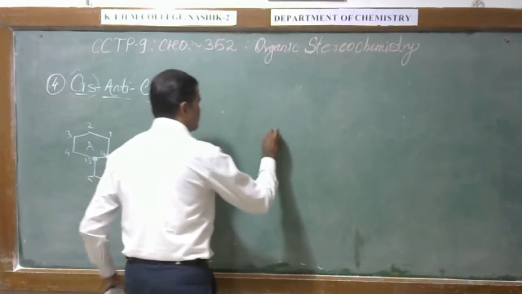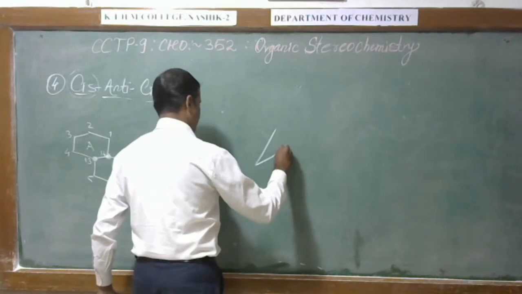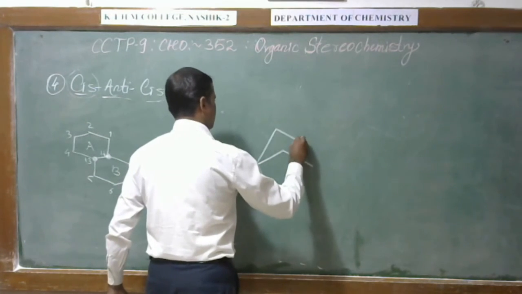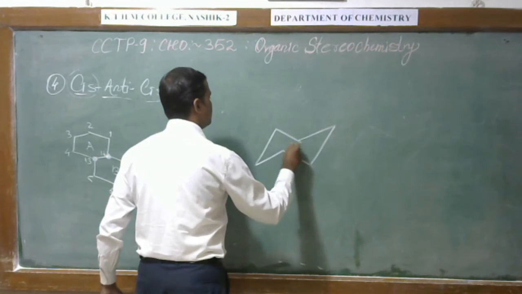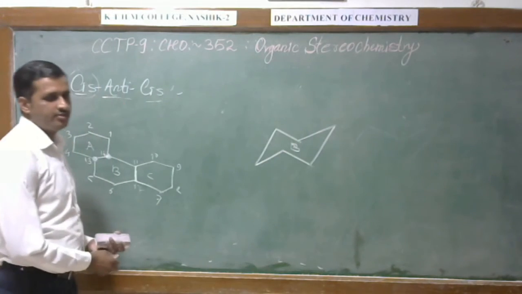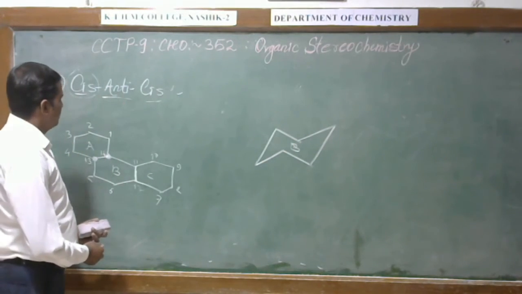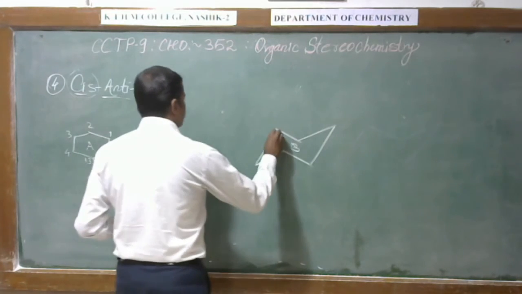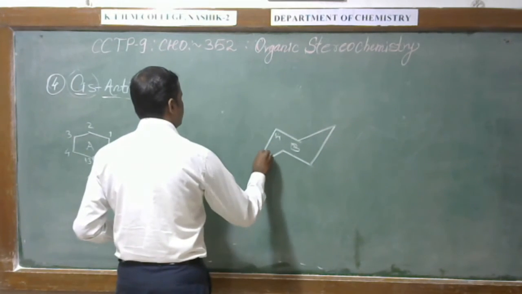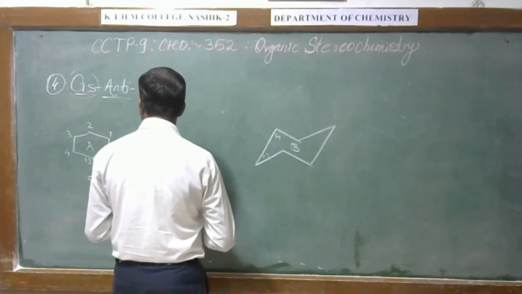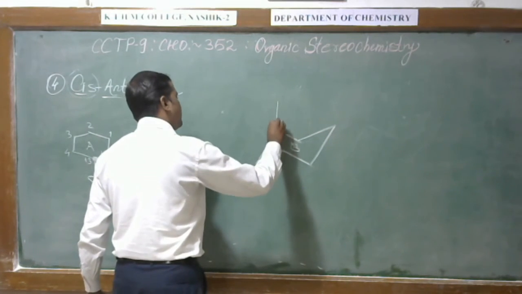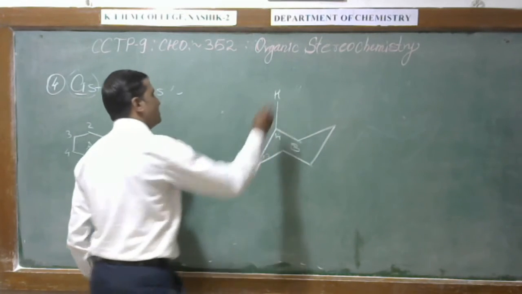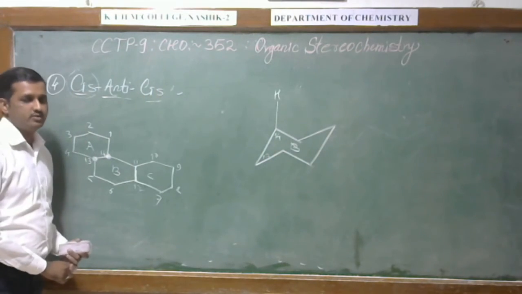Let us look towards its chair conformation. I first draw here the middle ring, B ring, in chair conformation. Then this is supposed to be carbon 14, this is supposed to be carbon 12, 13. Then the carbon number 14 has upward direction hydrogen. Upward means like this, axial hydrogen.